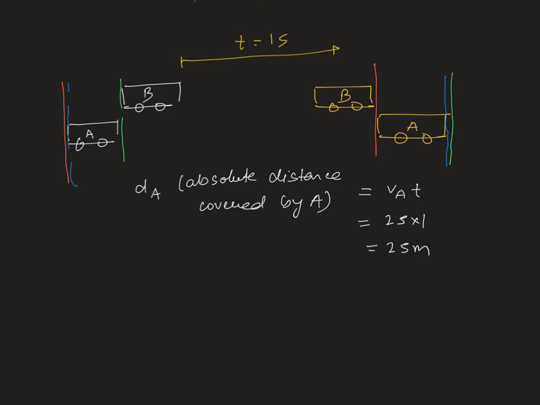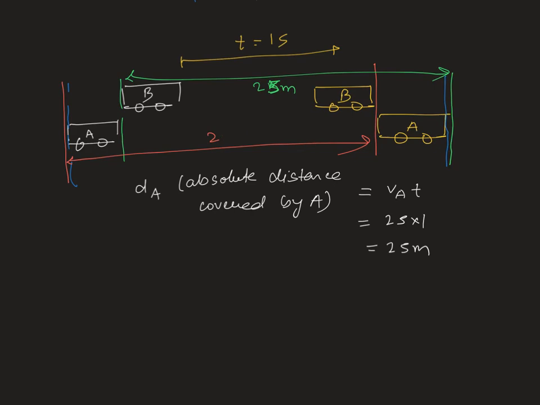So the distance covered by A is either from the red mark to the red mark, or the distance covered by A is from the green mark to the green mark. So either the length of the red line is 25 meters, or the length of the green line is 25 meters.